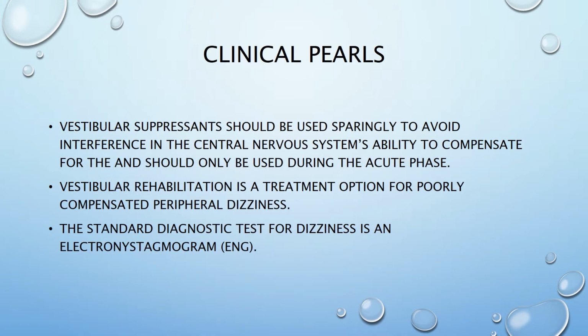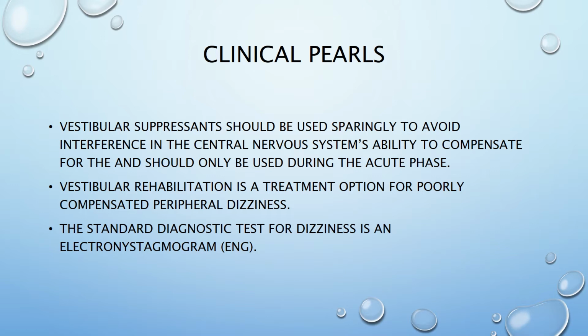The last few clinical pearls I have to leave with you include that vestibular suppression should be used sparingly to avoid interference with the central nervous system's ability to compensate. These should only be used during the acute phase.